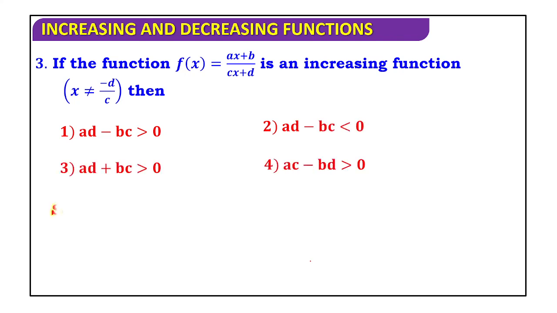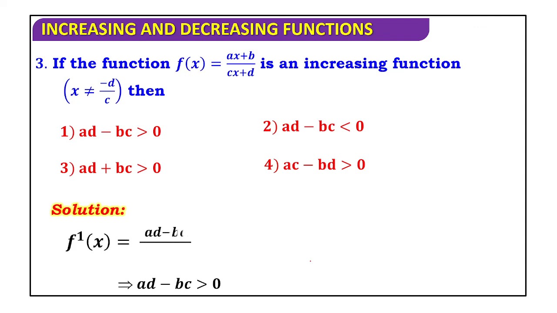So already we have discussed this, that is AD minus BC must be greater than 0. So therefore, for f dash of x, we know that AD minus BC must be greater than 0. Then only we can say that this function is increasing. Clear? Because by differentiating this function, we are going to get AD minus BC divided by Cx plus D whole square.